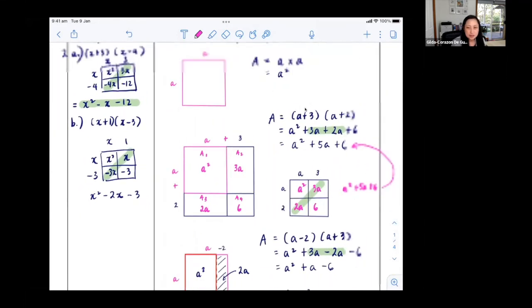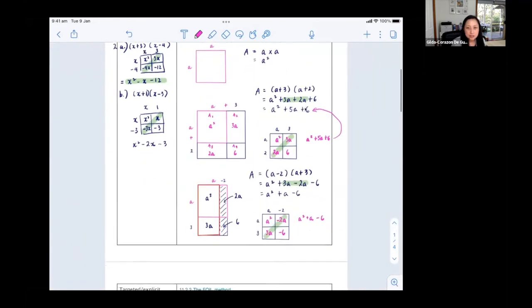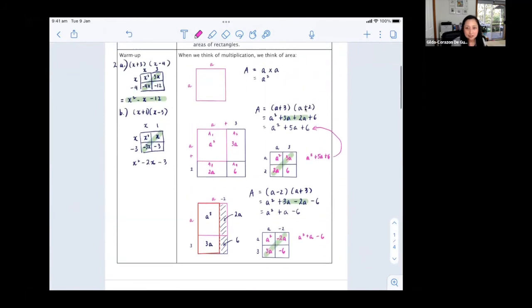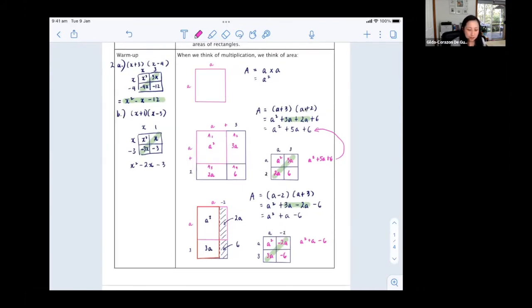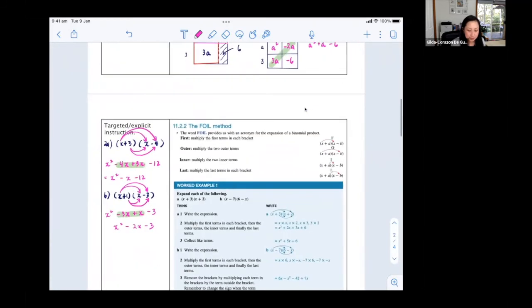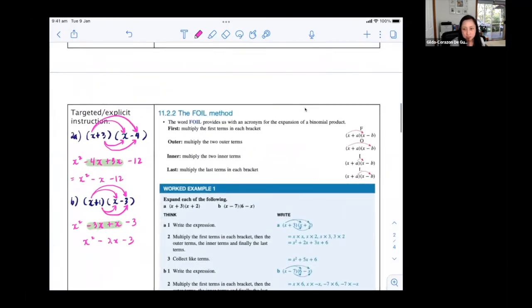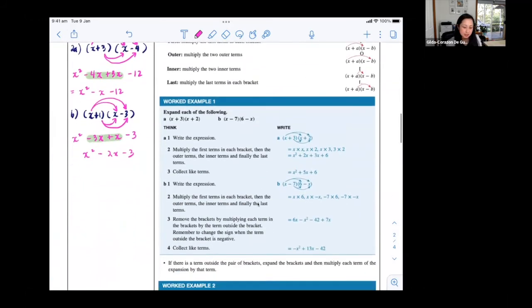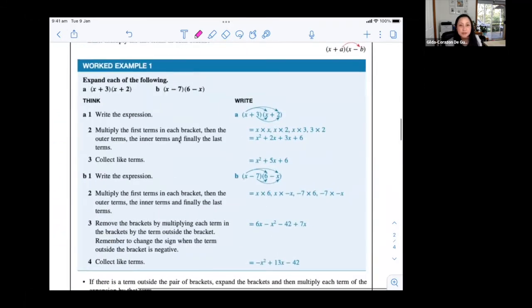Okay, so two methods of doing it, whichever one appeals to you most, and a strategy that you will be able to remember, right? And then when you actually practice them, do them more often, you could probably just do them in your head. Okay, the same thing with the examples that were discussed in your textbook. You've got there x plus 3 multiplied by x plus 2. So you simply write them down first.